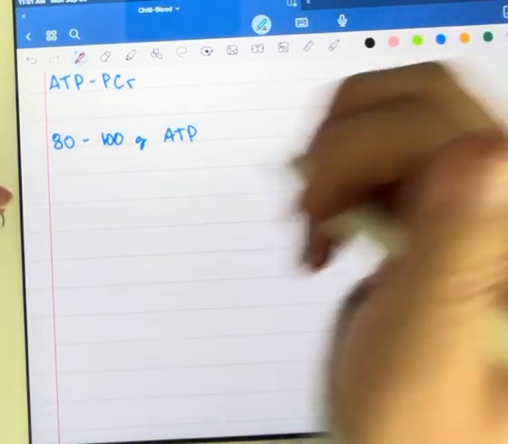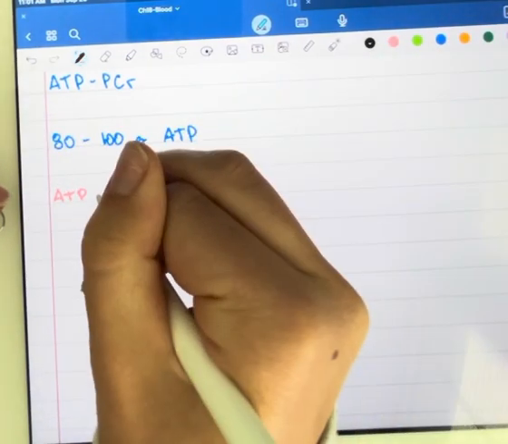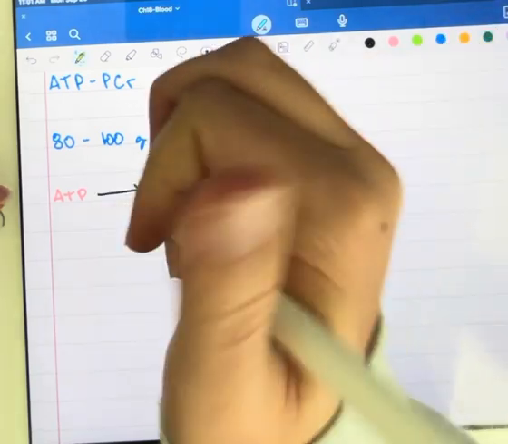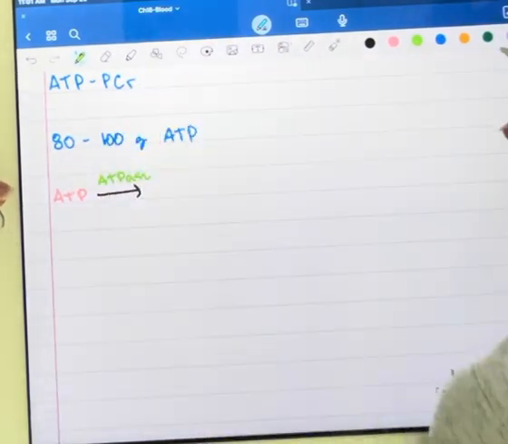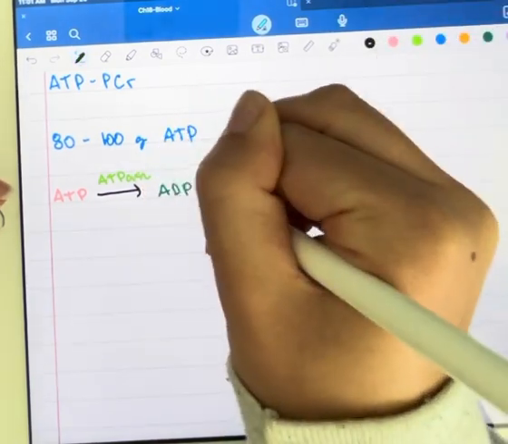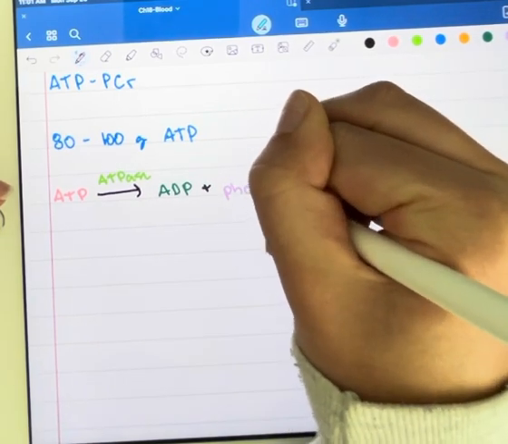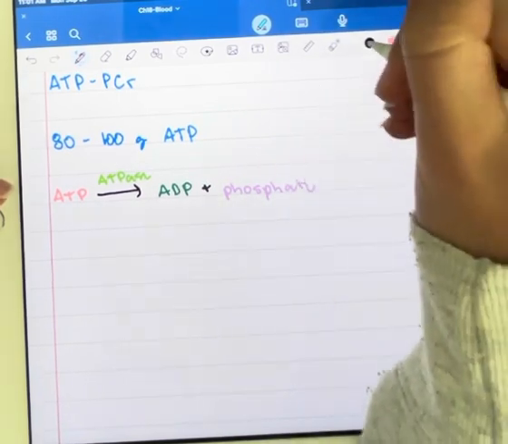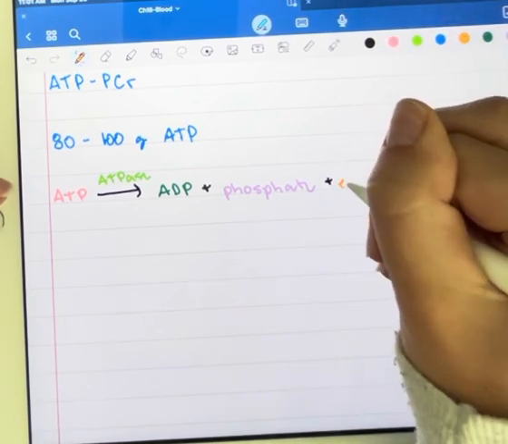So what happens is this ATP molecule is broken down through ATPase into ADP plus a phosphate plus some energy.